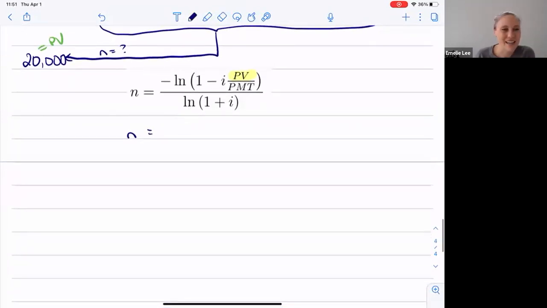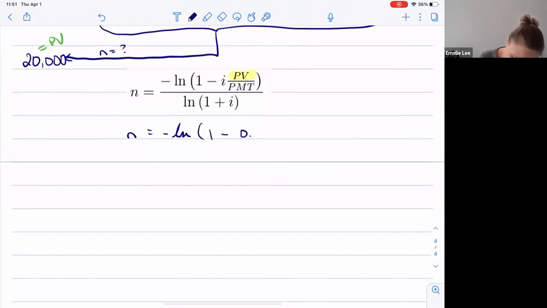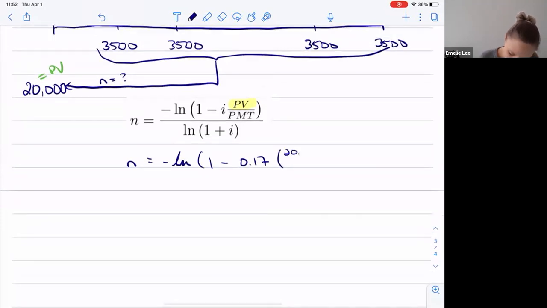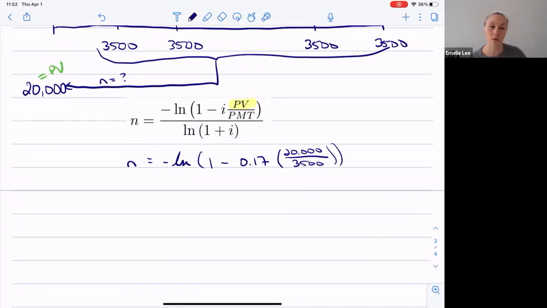n is the negative log, remember, I call the natural log just the log, times 1 minus 0.17 times the PV, which is 20,000, divided by the PMT, which is 3,500. It'll always be I2.